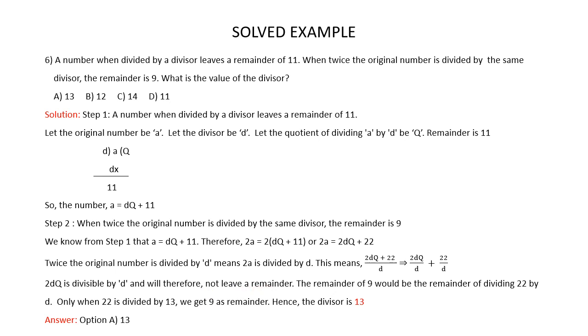The remainder of 9 would be the remainder of dividing 22 by D.